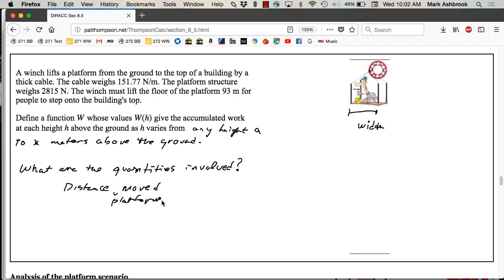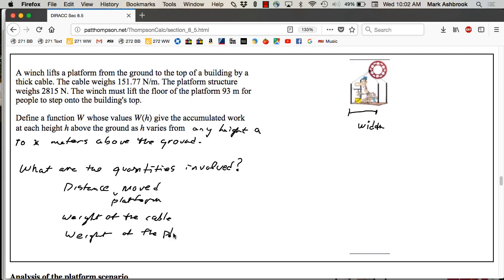Okay. What else? Go ahead. Weight of the cable. Yes, sir. Weight of the platform.